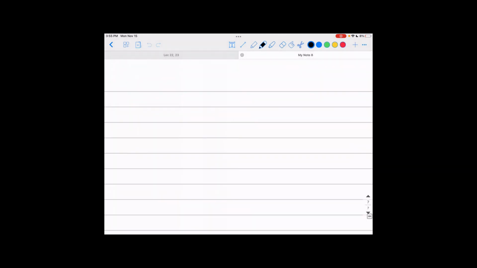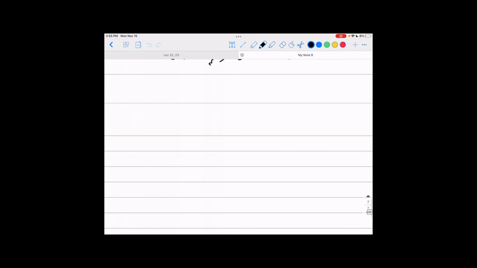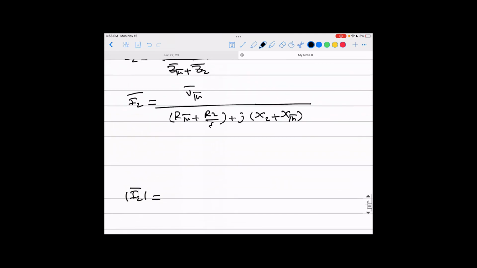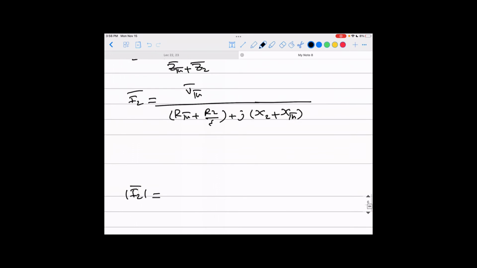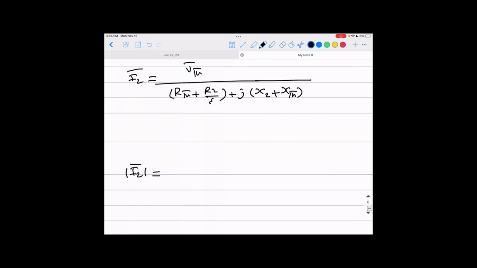From this, you want to find the magnitude of the current I2. You need to find the magnitude of those vectors. The magnitude of the numerator will be just the magnitude of V Thevenin, divided by the magnitude of the vector in the denominator.